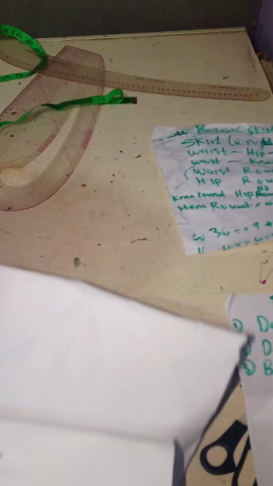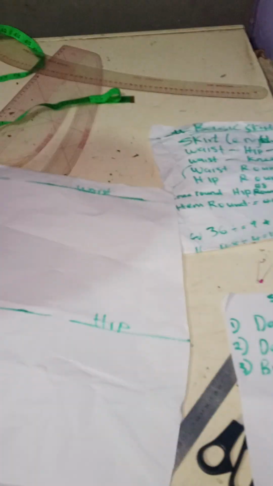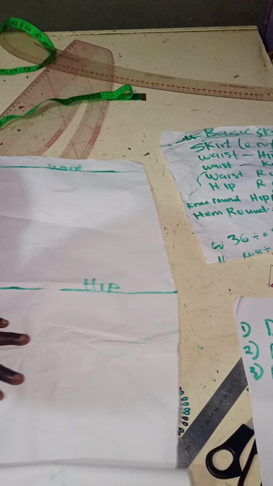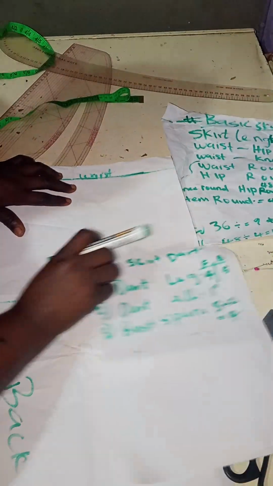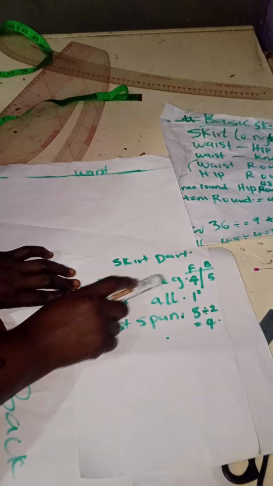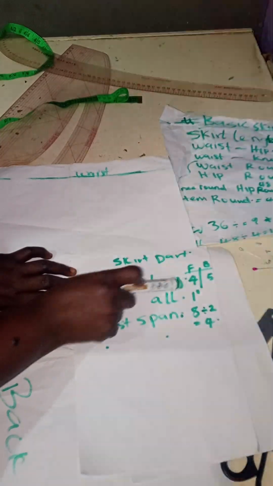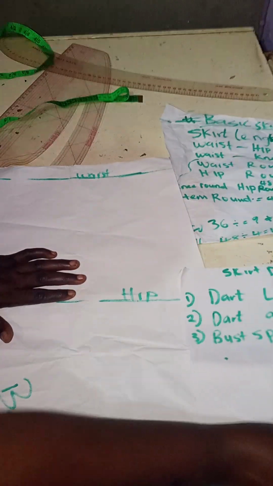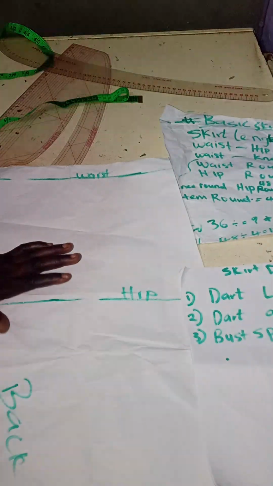So for the back as well, we'll bring our back pattern. The difference in this dart is just the dart leg. Like we have said in our illustration, the dart leg for the front is 4 inches, while the dart leg for the back is 5 inches. The difference we are working with here is just the dart leg.